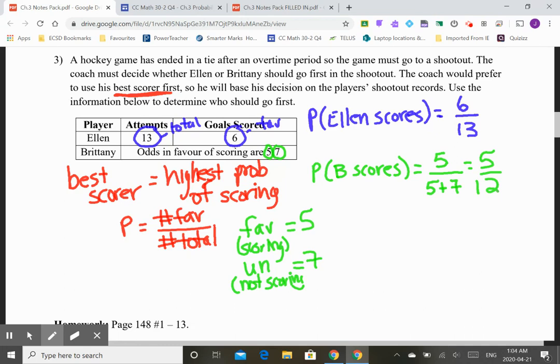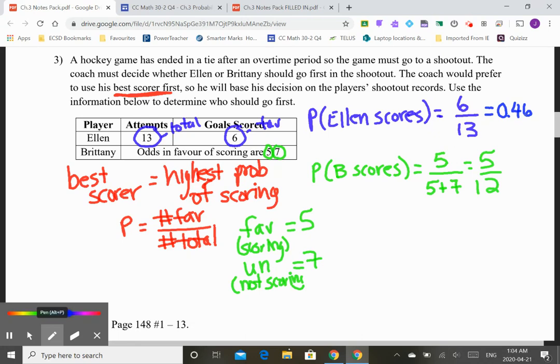Now, those probabilities in that form are a little hard to compare because they don't have the same denominator. So we're going to convert them both to decimals. For Ellen, we're going to go 6 divided by 13, and I'm going to round that to the nearest hundredth. So Ellen's probability would be 0.46.